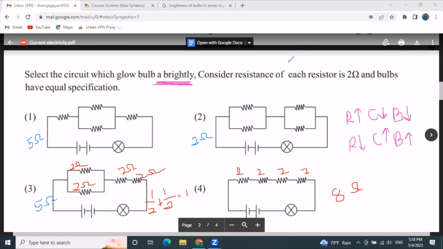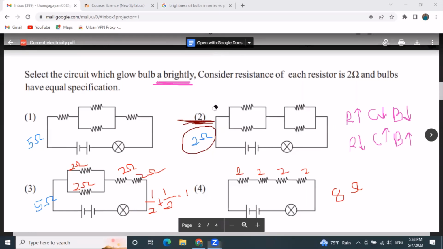So the correct answer is the diagram with the low resistance value. The correct answer is the second answer. Here the resistance is only 2 ohm.